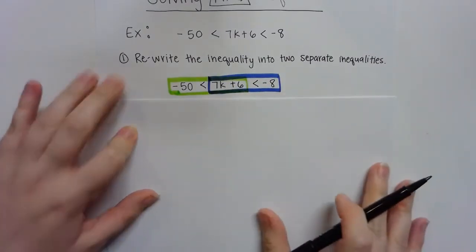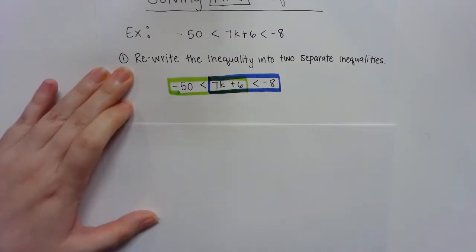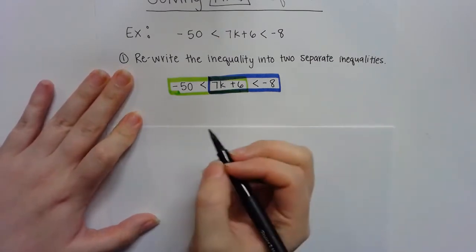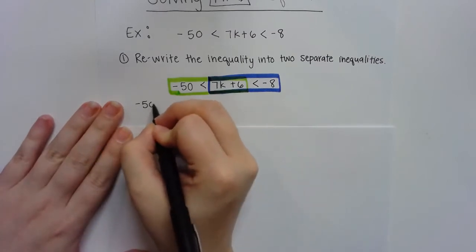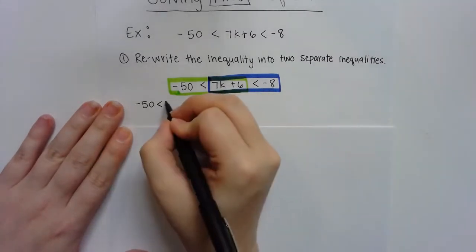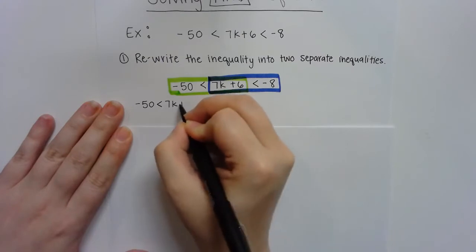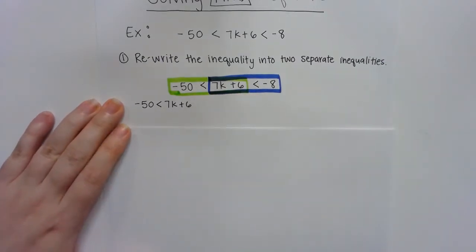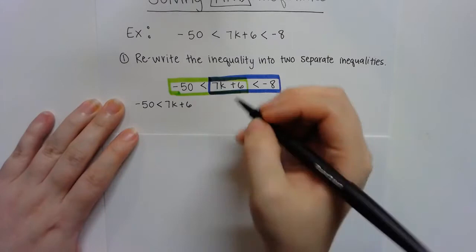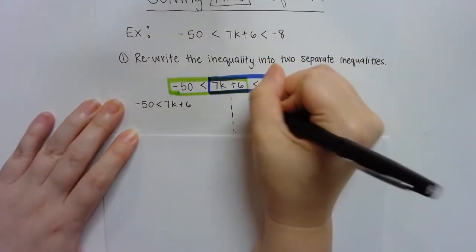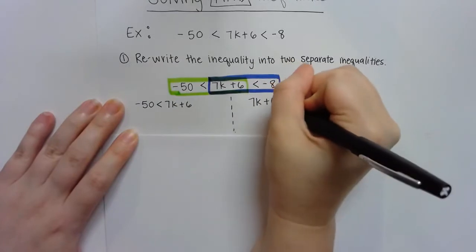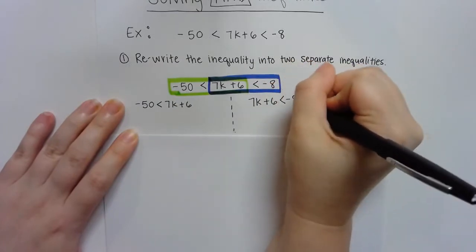So if I wrote my separate inequalities down here, my first one would be negative 50 is less than 7k plus 6. And my second inequality on this side would be 7k plus 6 is less than negative 8.